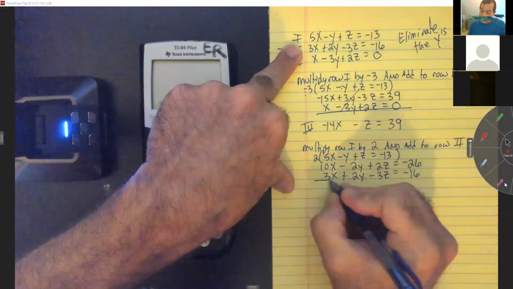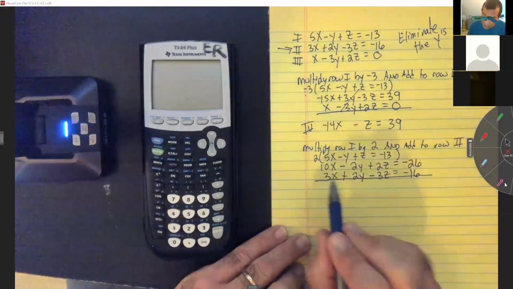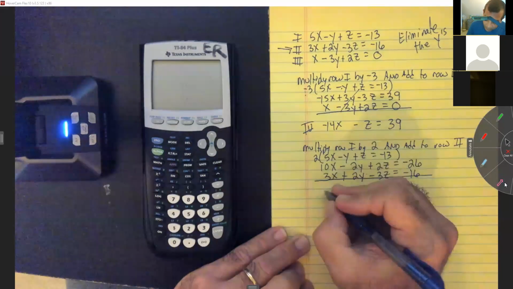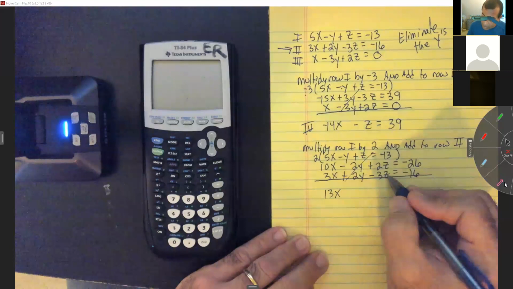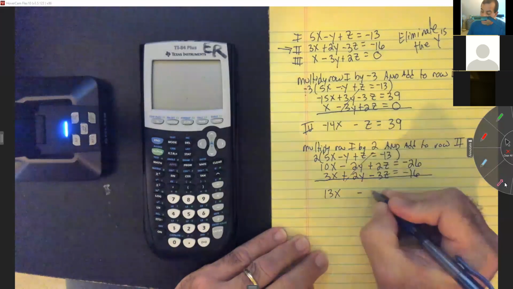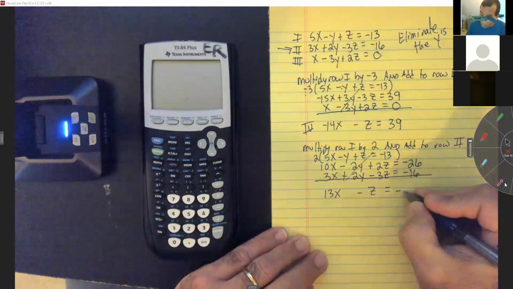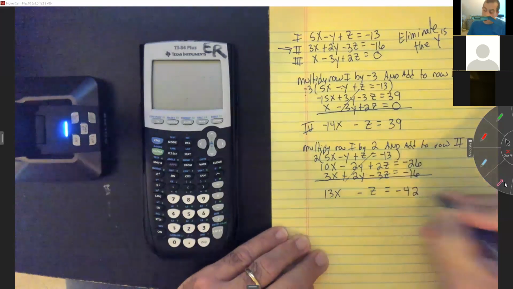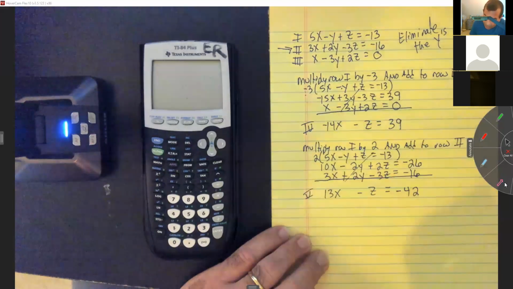All right, we'll add these, and that'll be my row 5. So let's see, 10 and 3 is 13x. The y's canceled. 2 and negative 3 is a negative 1z. And then negative 26 and negative 16 is a negative 42. That'll be row 5. So now we put row 4 and 5 together.